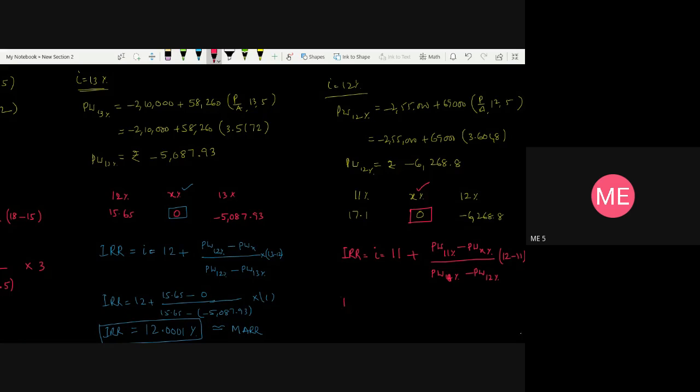So IRR is equal to 11 plus 17.1 minus 0 divided by 17.1 minus of minus 6,268.8, into 1.